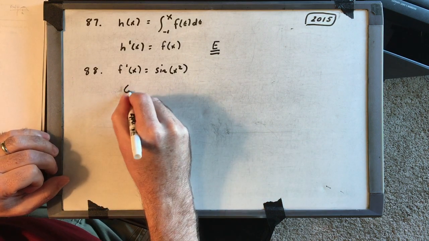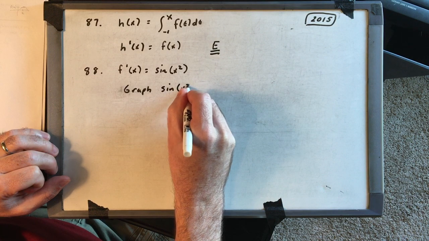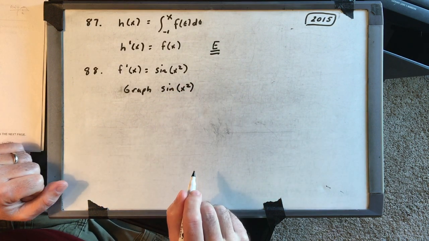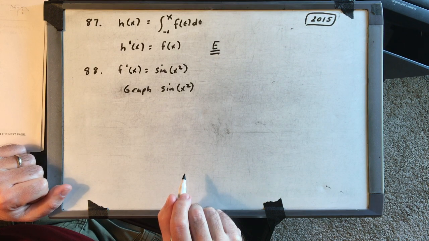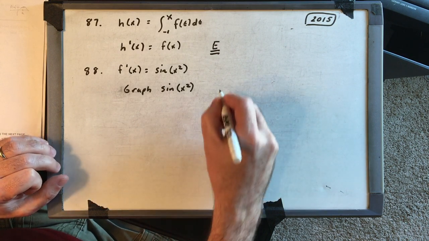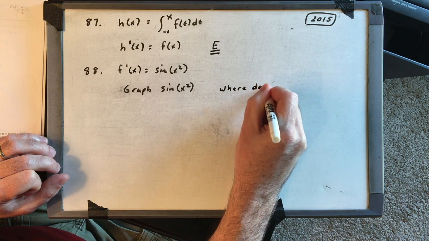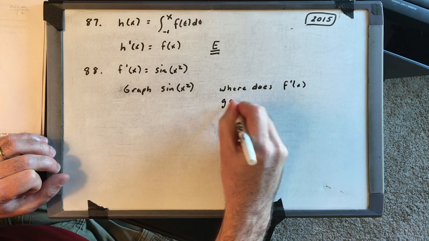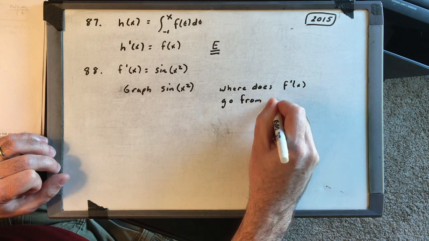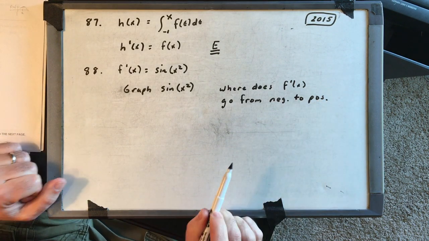What you want to do is just graph sine of x squared on your TI-89, and look at the graph where it goes from negative to positive. Where does it go from negative to positive?